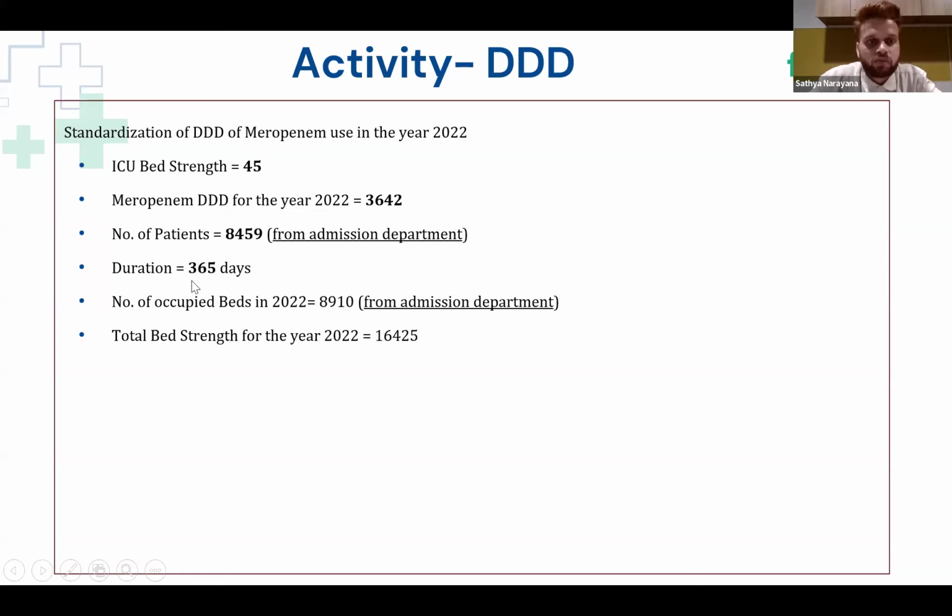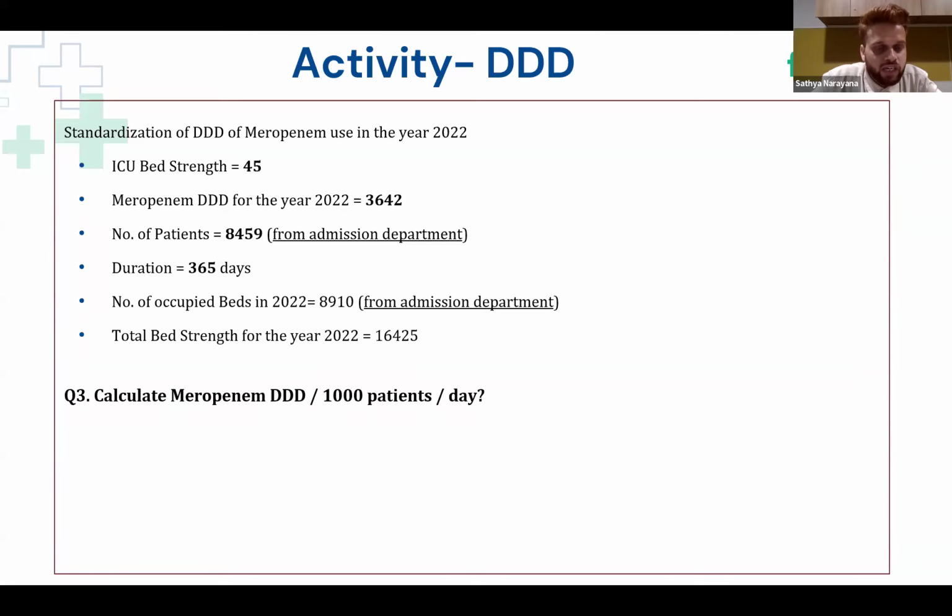The duration of time is 365 days, as we are calculating per year. And the number of occupied beds in 2022 is 8910. This we can also get from the administration or quality department. And the total bed strength for the year 2022 is 16,425. So this is all the basic information we need to know before doing this DDD.